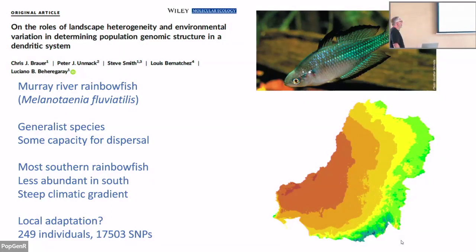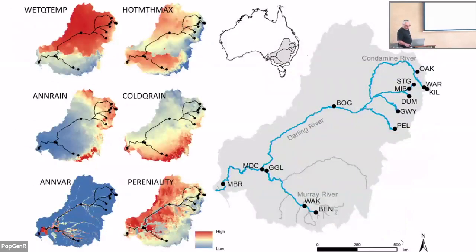So there's a range of different climates within the basin. Here we're looking to see whether any of these populations are potentially locally adapted to the climate in the region they inhabit. This is from the paper, to give you an idea of how the environment varies across the basin and where the sampling locations we're looking at today are.